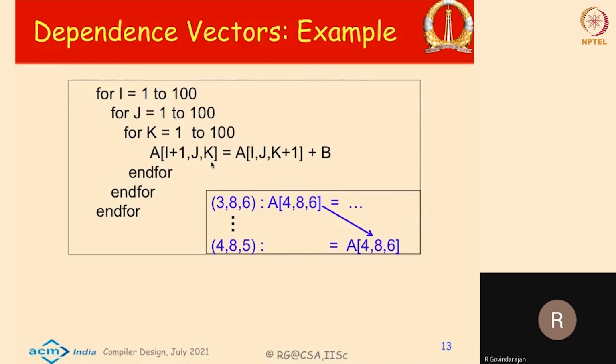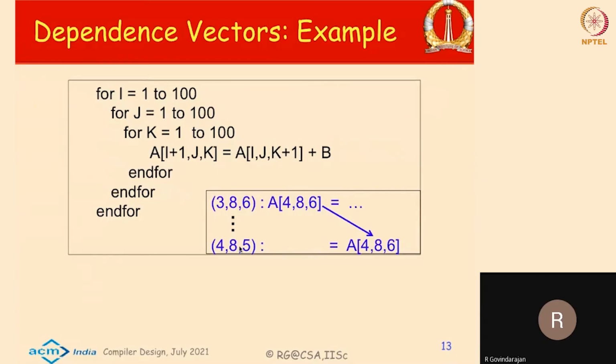Then if I take some other iteration vector, let's say 4, 8, 5, and look at the right-hand side, that is consuming the same memory location 4, 8, 6. Therefore, we can say that from statement S1 in iteration 3, 8, 6, there is a dependence, and this is the producer of the dependence, and the destination of the dependence is the same statement, but for iteration vector 4, 8, 5.